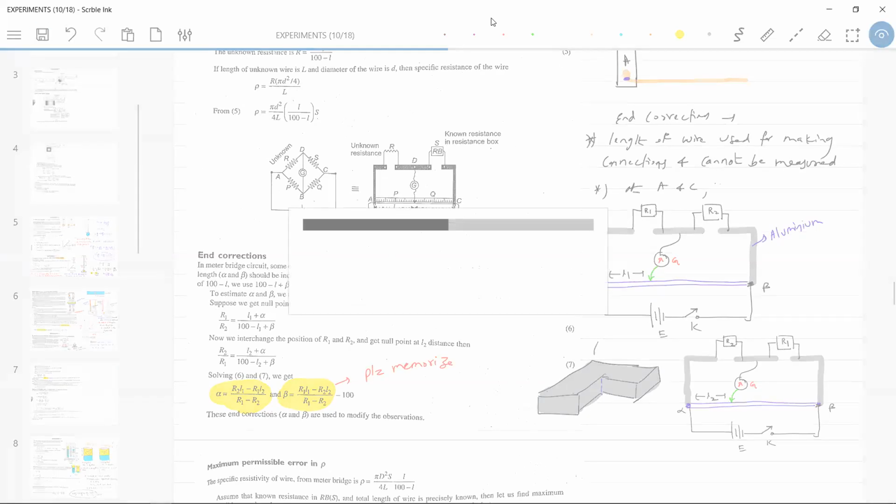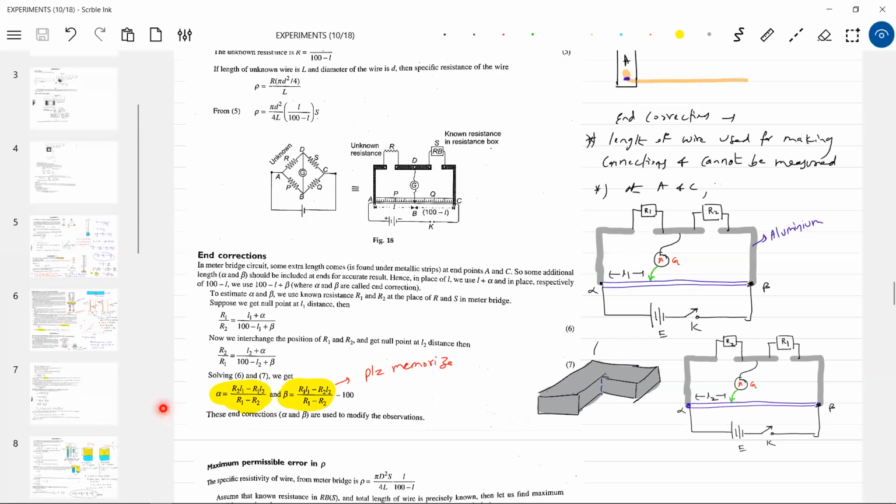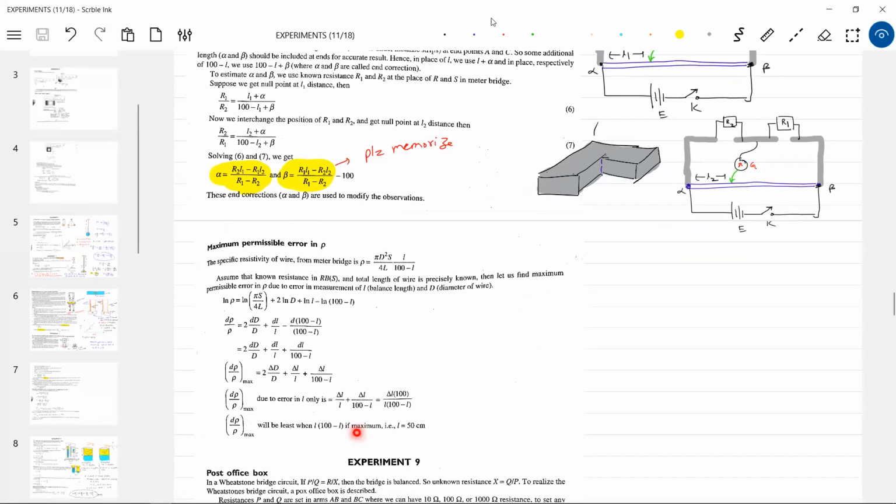To minimize error, we should take the reading exactly at the midpoint. You can see this resistivity formula. There'll be error in measurement of length, there'll be error in measurement of diameter, and there'll be error in measurement of resistance. To minimize that, we should take the reading exactly nearby 50.